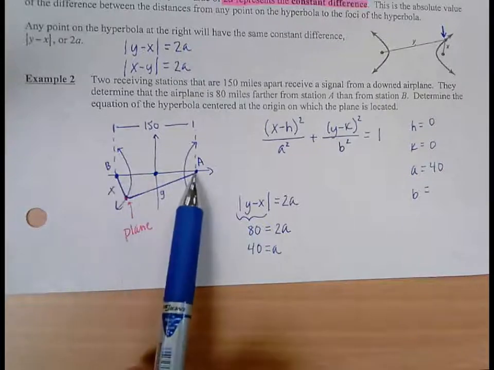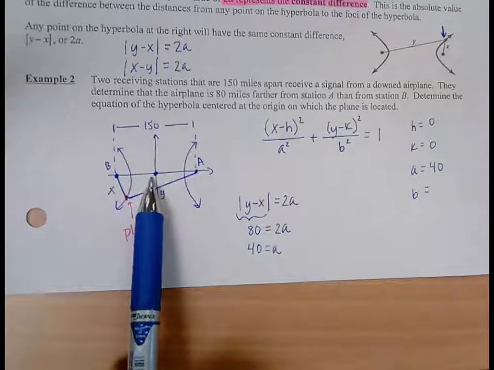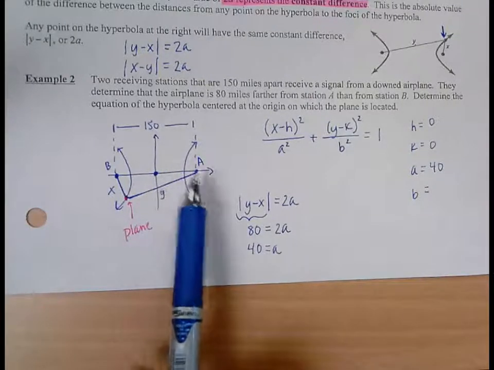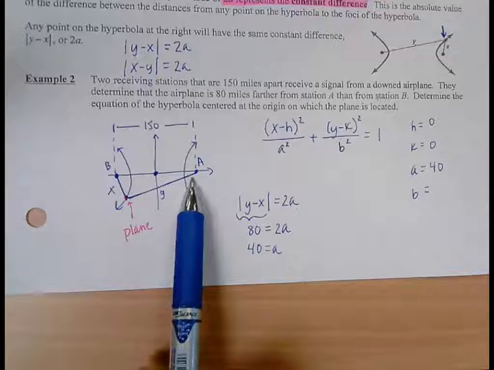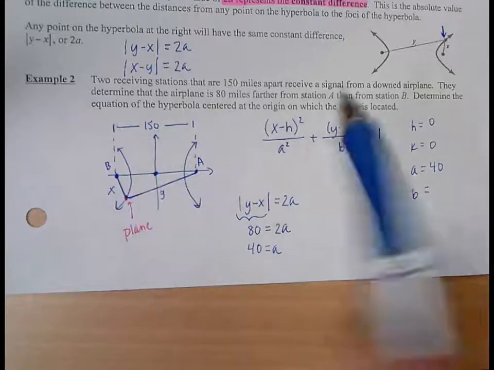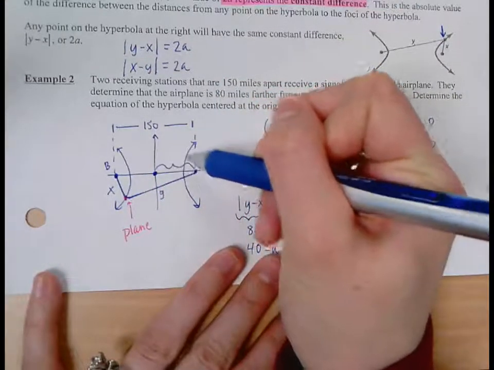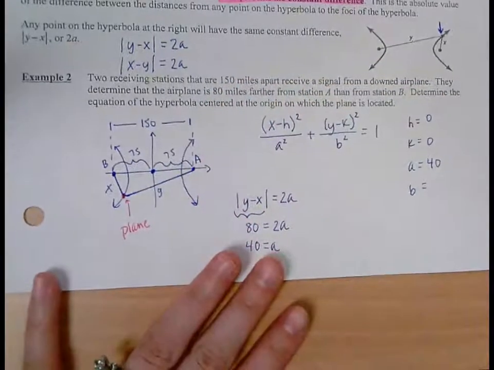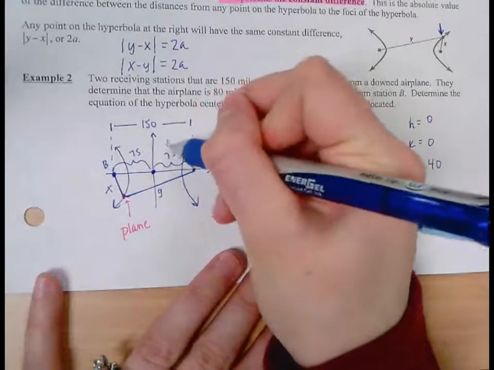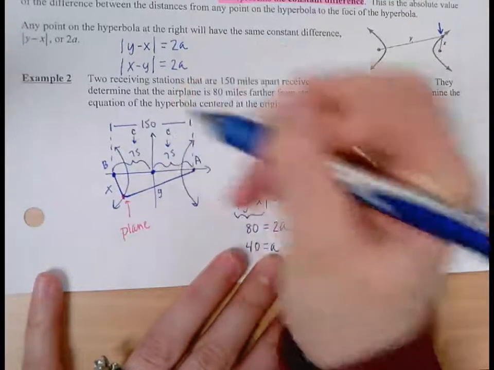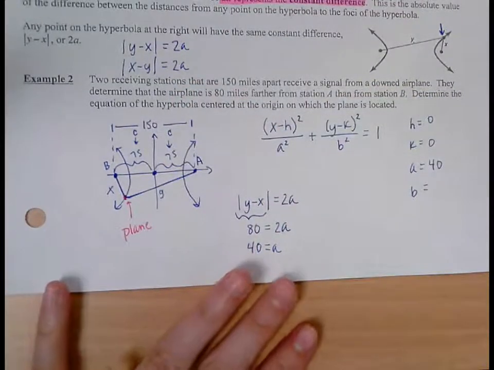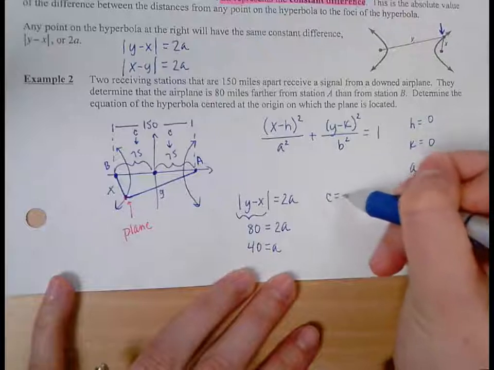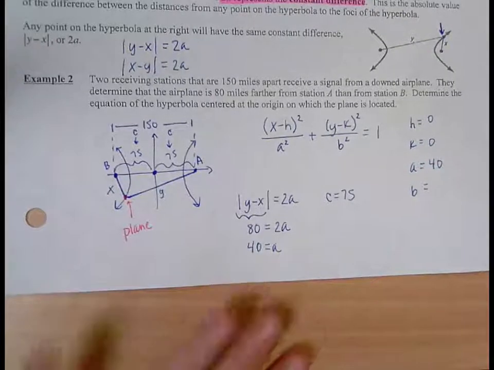If the foci are 150 miles apart, and it's centered at the origin, what is the distance from the center to one focus? 75, half of 150. That is your c value, because c is the distance from the center to a focus. So therefore we know c is 75.